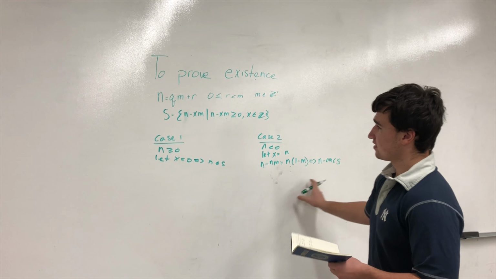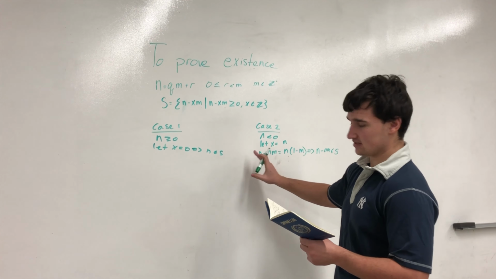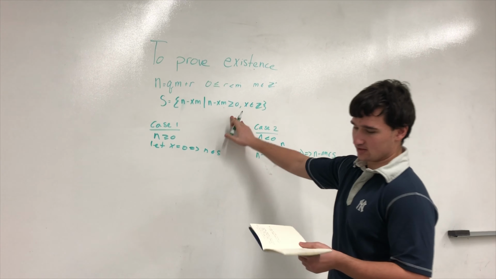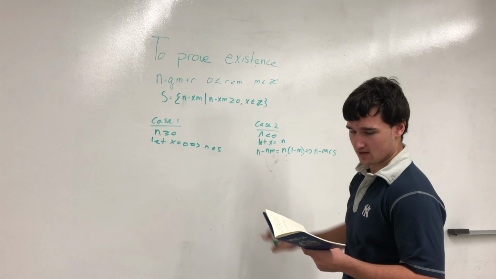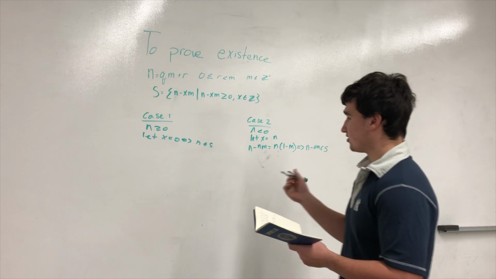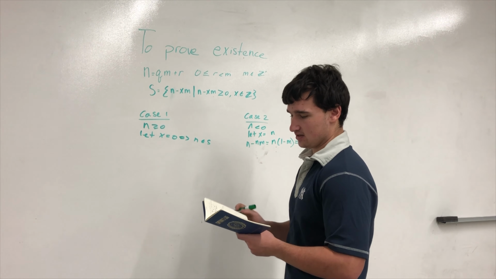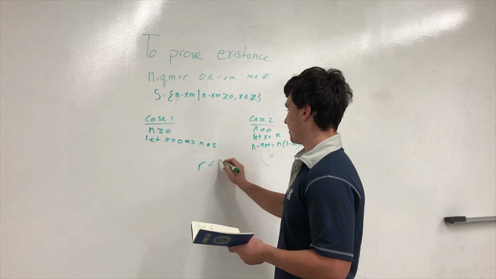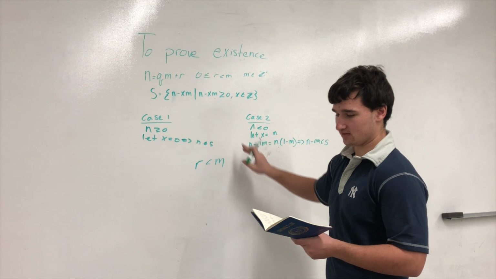And so having these two cases hold true shows that there is at least an element in the set S, which then holds true by the well-ordering principle. And so now we want to show that the least element in the set, which we're going to call r, is less than m. And to do this, we're going to prove by contradiction.